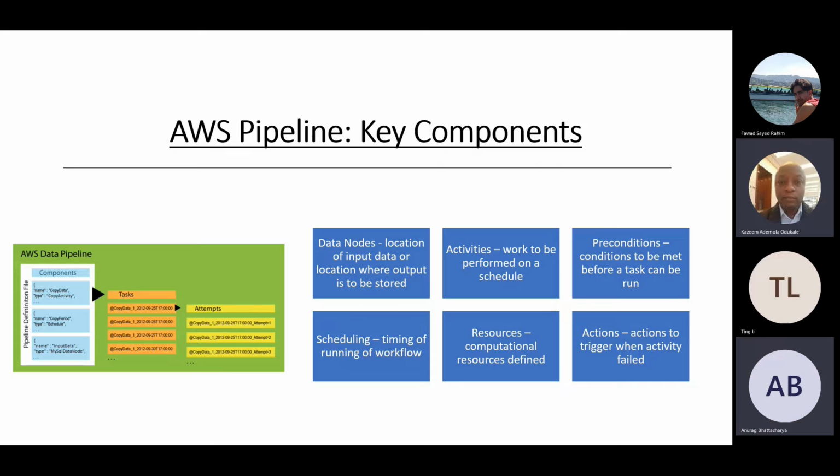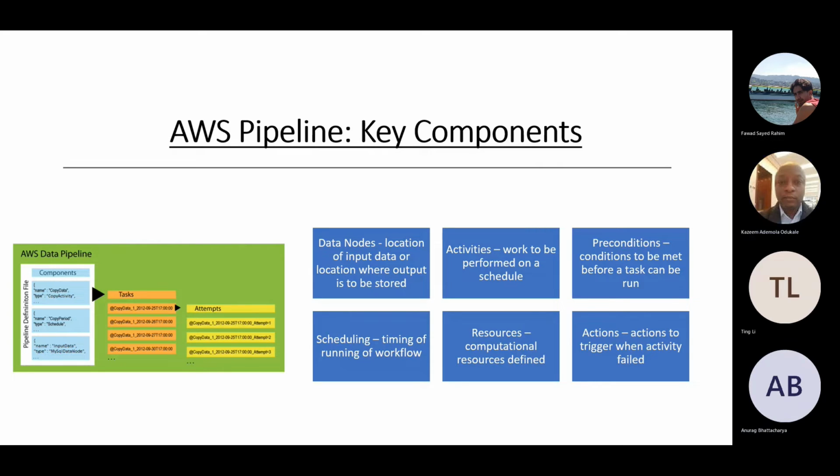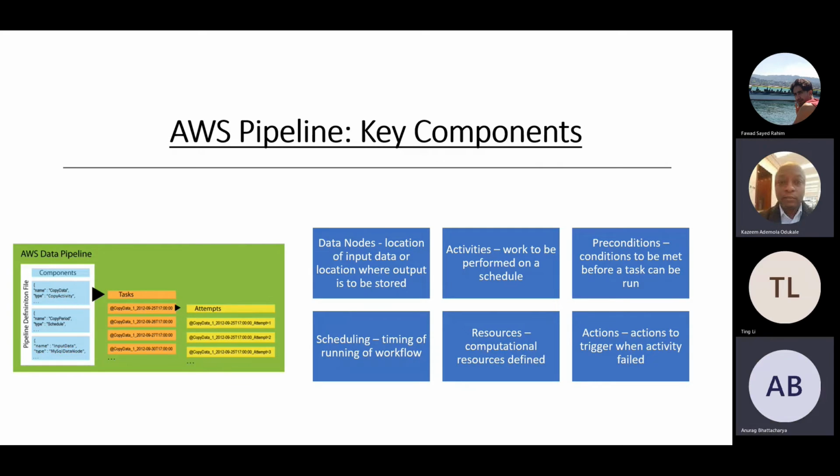If the transaction is done, how do we notify that it has been done? Maybe you send SNS messages in those cases, and if it fails, what is going to be done? That is what you have to configure in those places.